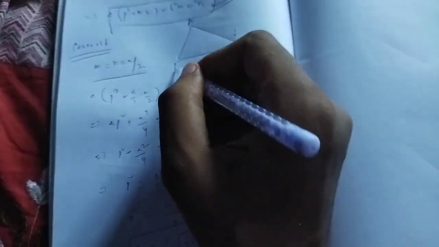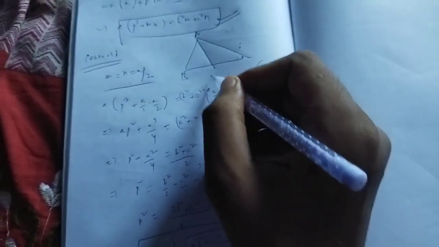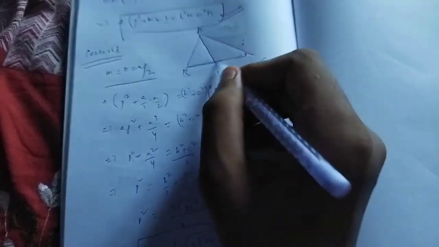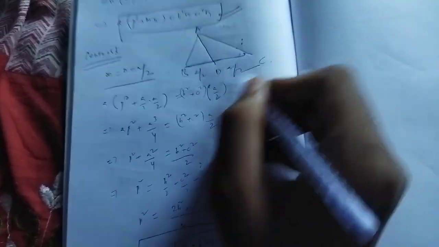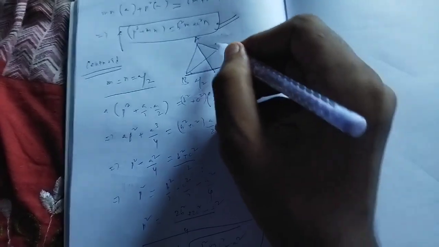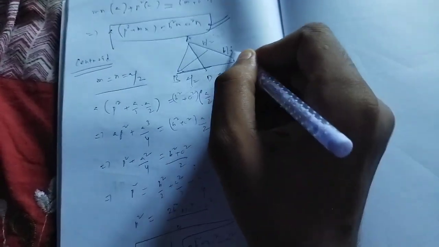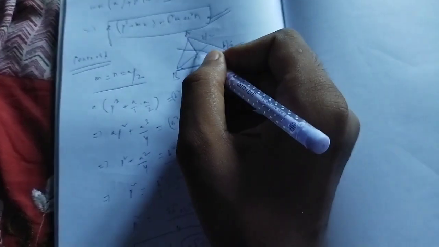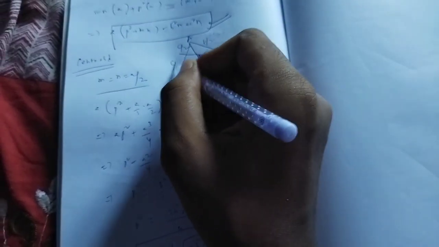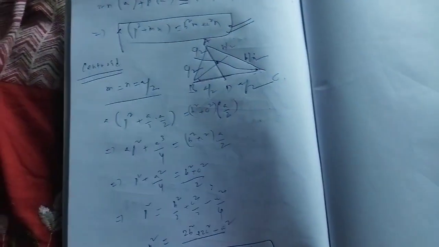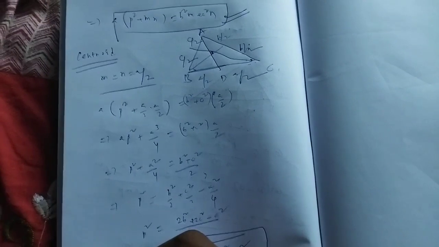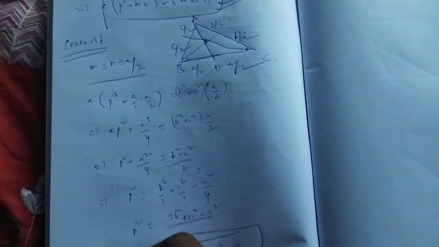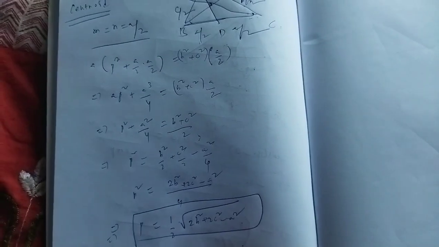This is the length of the median through a, as m and n are a by 2 and a by 2. If we take it as b by 2 and b by 2, similarly c by 2 and c by 2, we get all the three lengths of the medians.